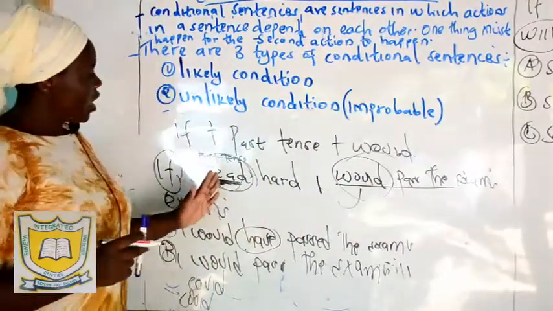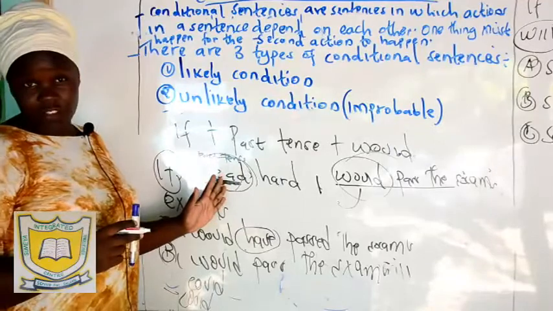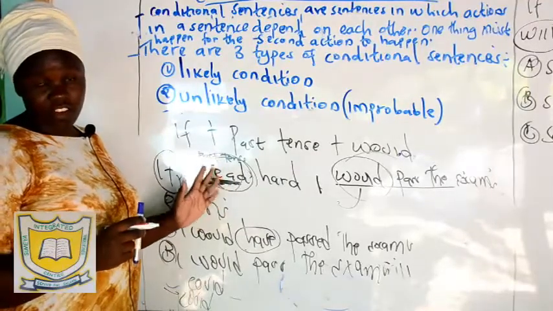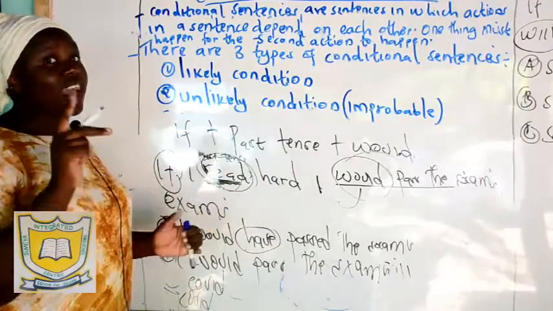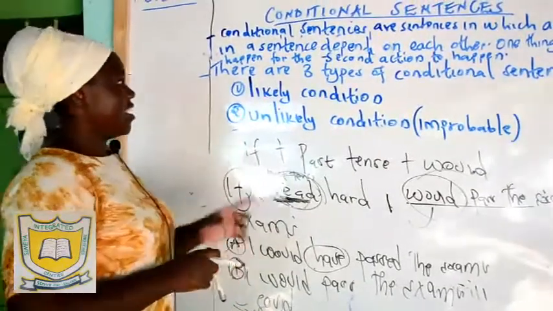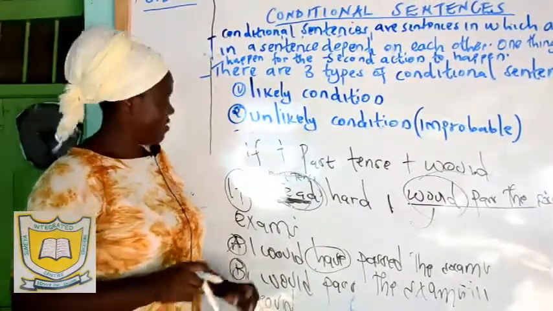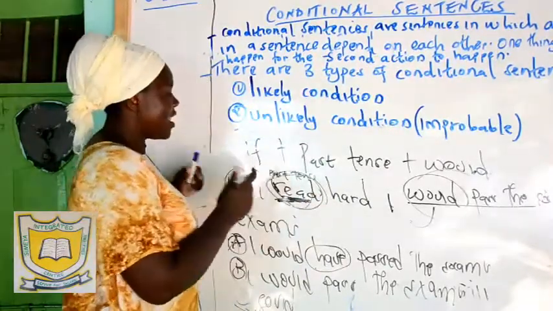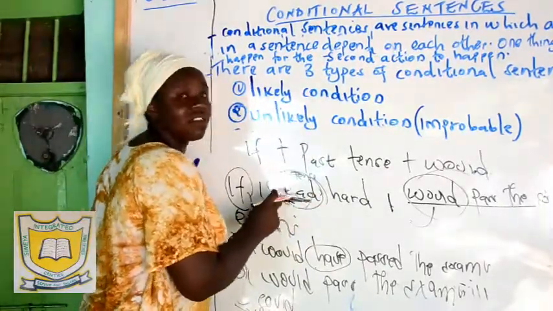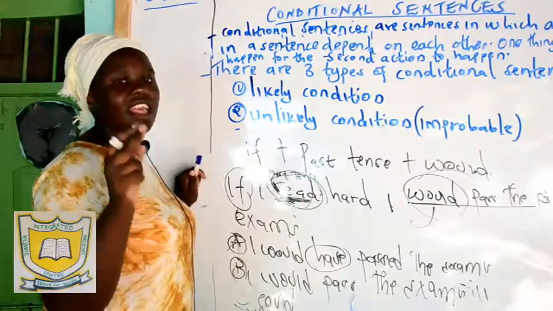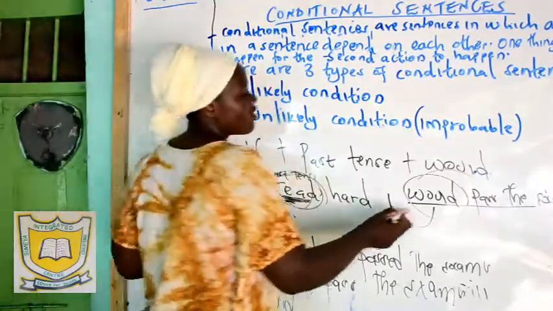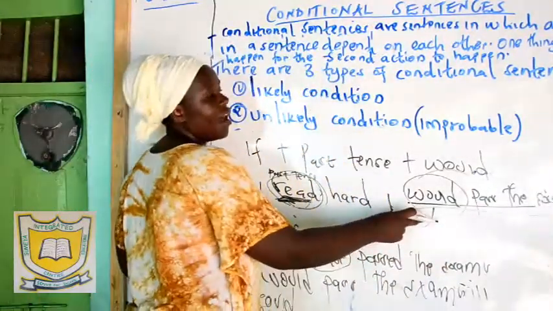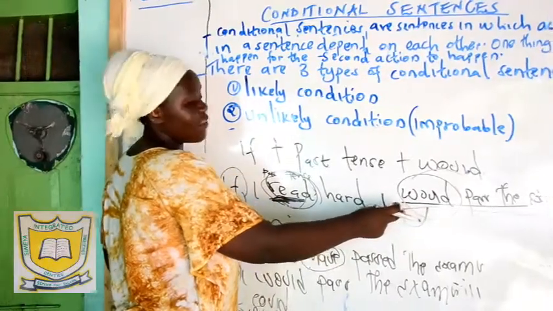So if you want to answer the unlikely conditions, conditional sentences, correctly, you have to identify the tense. Likely condition, present tense. Unlikely condition, past tense. Once you identify the tense in the sentence, it is going to guide you to the correct completion.